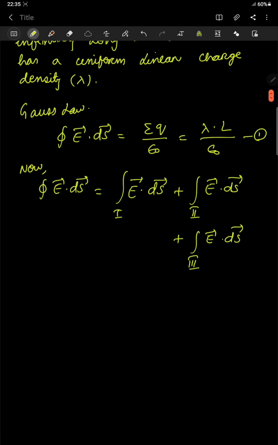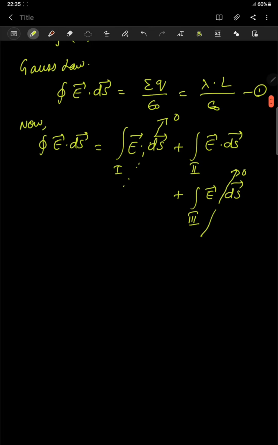Now in the first region this one goes to 0 and the third one goes to 0. Why is it so? Because in the first and third region, your n cap is perpendicular to electric field. So theta will be how much? 90 degree. If theta is 90 degree, what is cos 90? Cos 90 will be 0. So therefore first region and third region will not contribute.